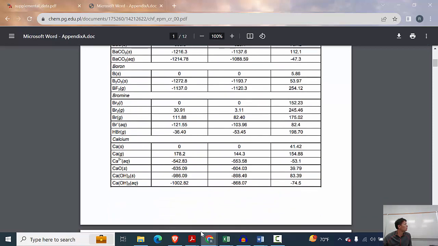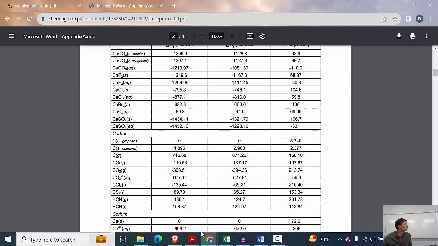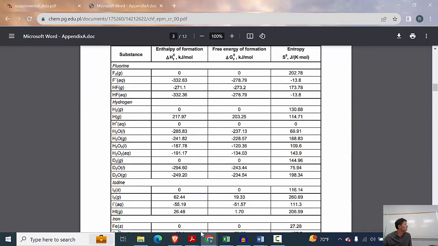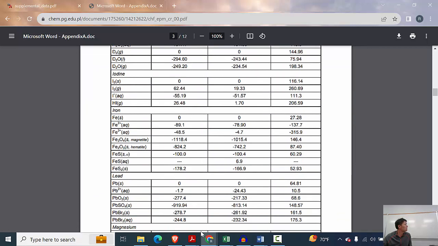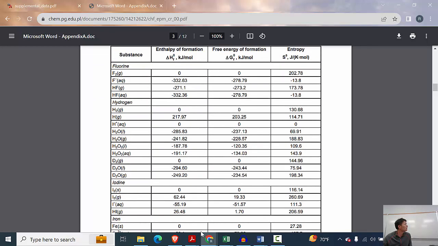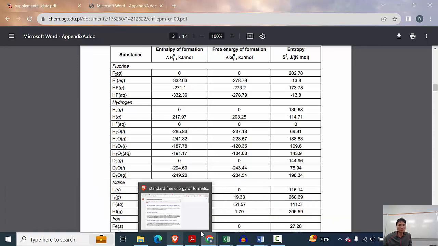Arsenic, barium, boron, bromine, calcium, copper, C, A, B, C, D, E, F, G. So after fluorine, again, G, H. I don't have it. So I'd look for it, and maybe I find it, maybe I don't.